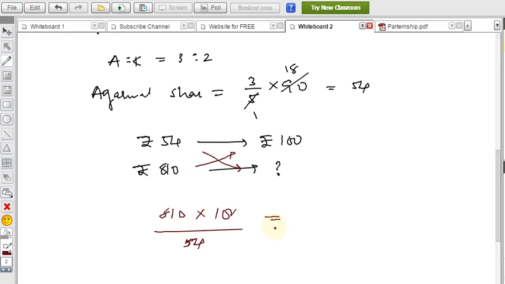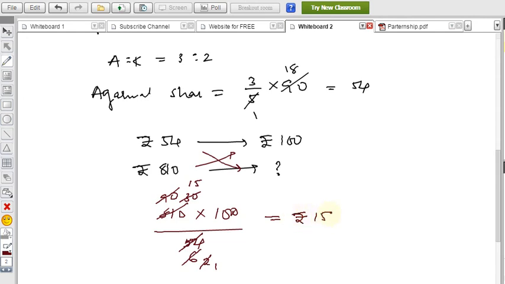So we can solve this. 9 table, 9 6s are 54, 9 9s are 81, so 810 by 54 is 15. 15 into 100 is 1500.